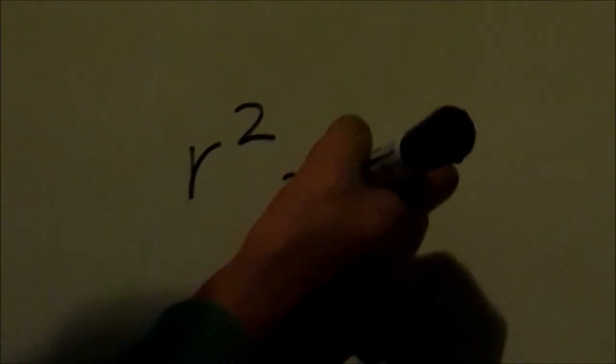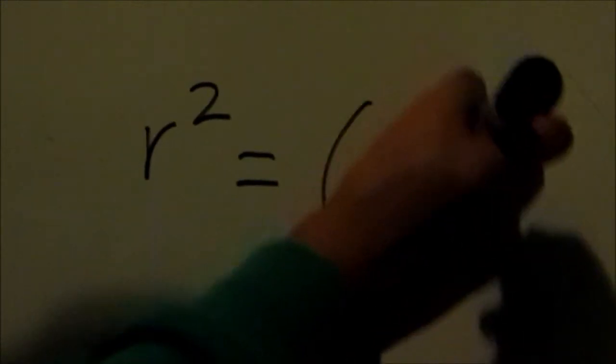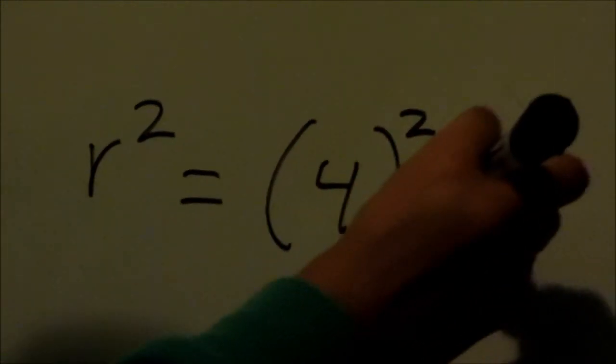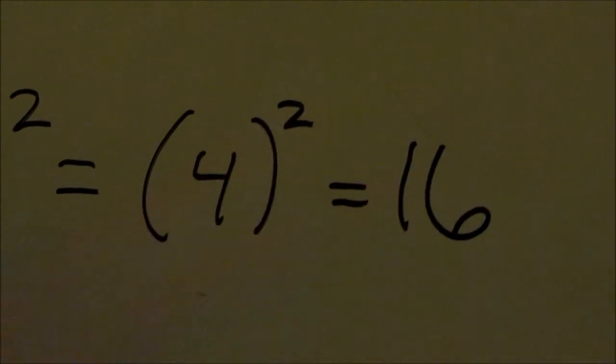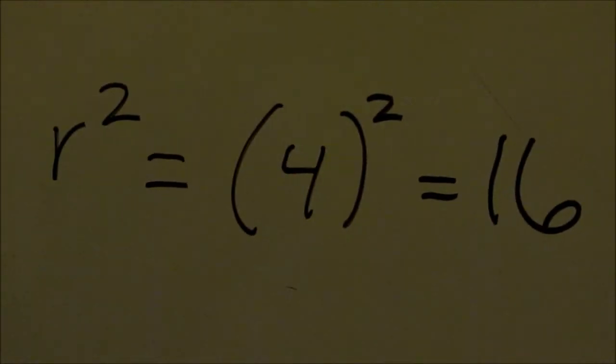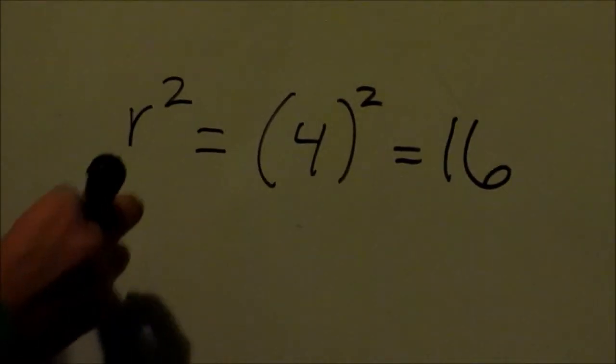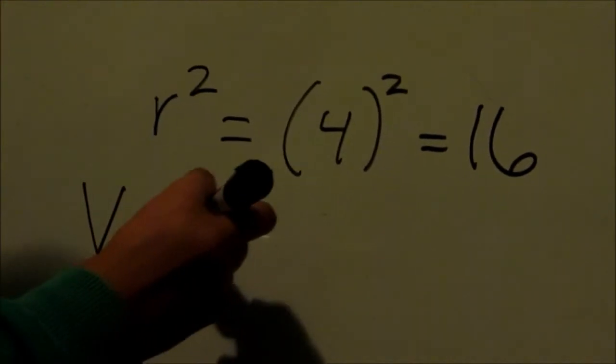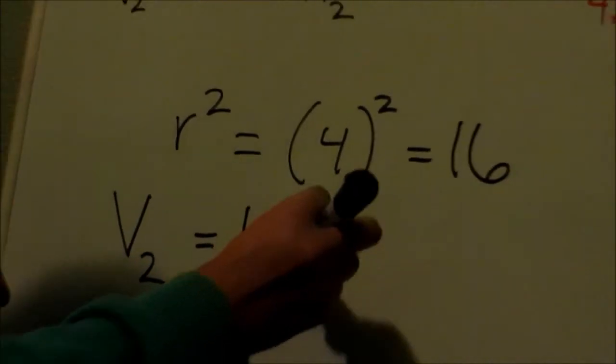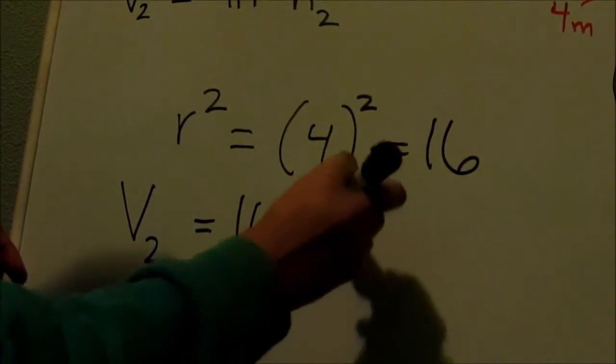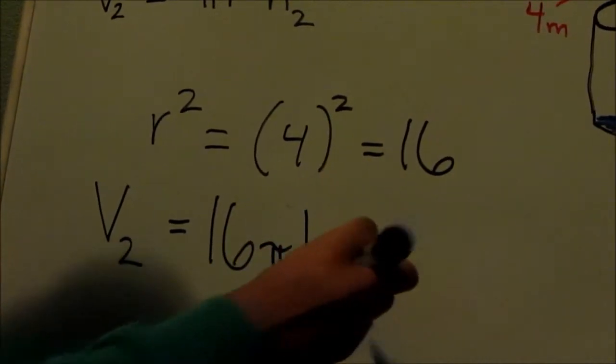So r squared equals 4 squared, which is 16. We can plug in 16 into the formula and get V sub 2 equals 16 pi times H sub 2.